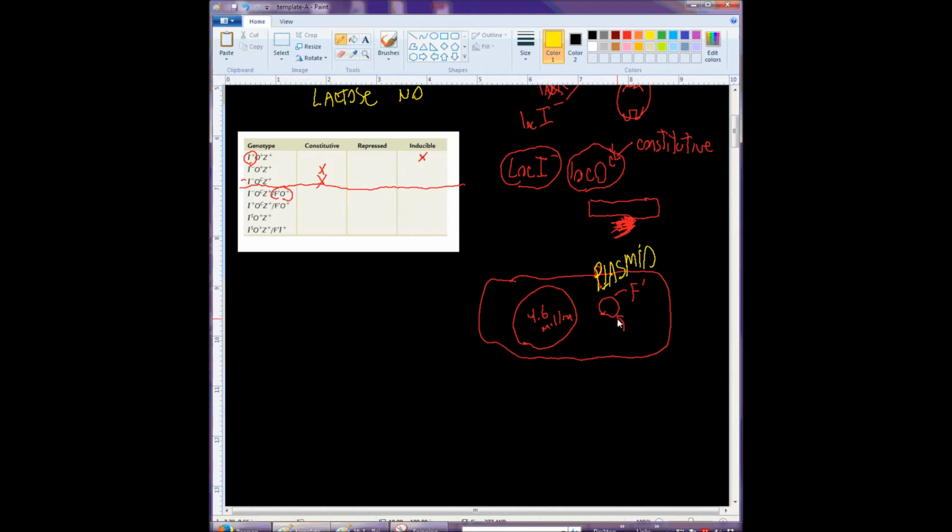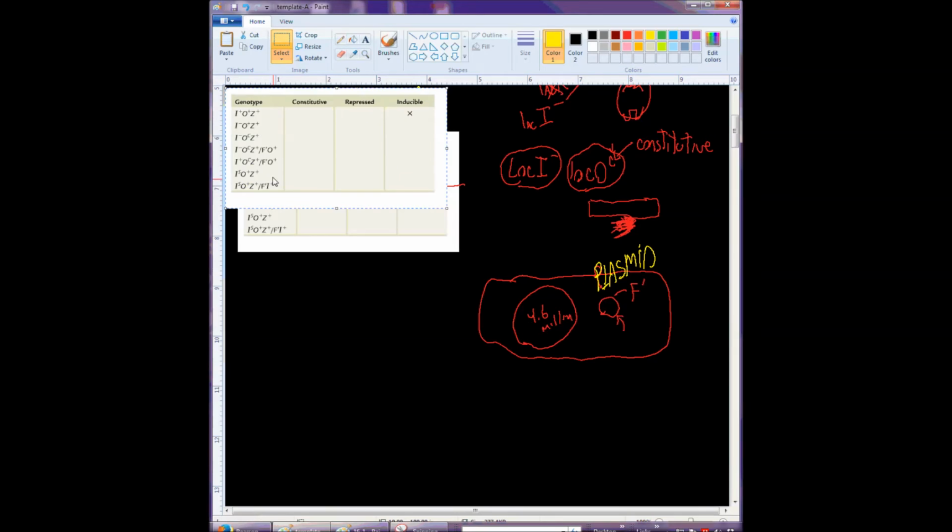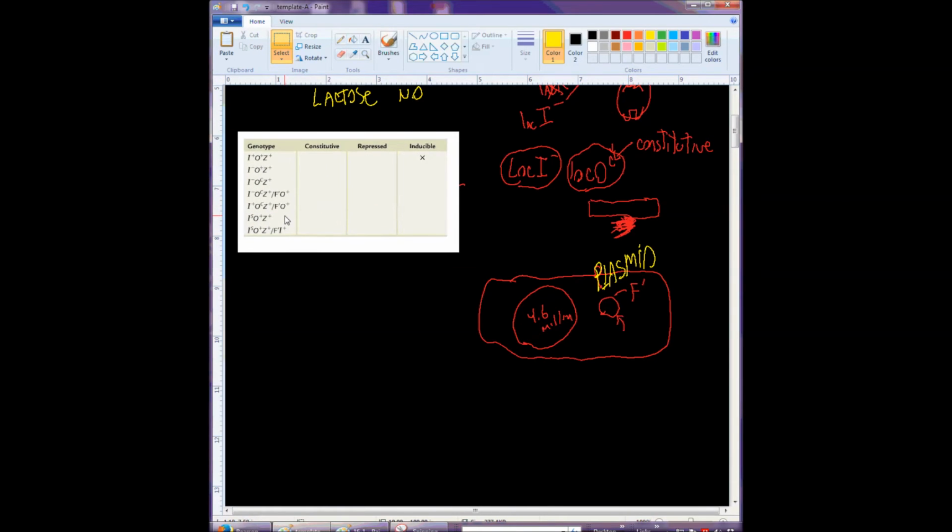And there can be extra genes on the plasmid. In this case, we have an extra copy. Now we're going to look at this genotype right here. Let me put a new copy of the table here. Now we're going to look at this one right here.